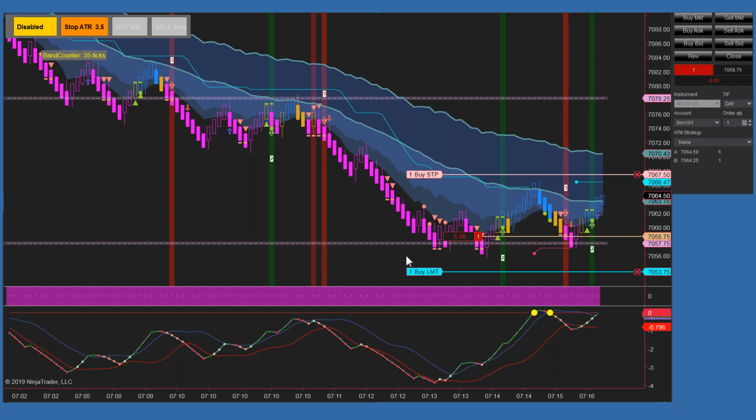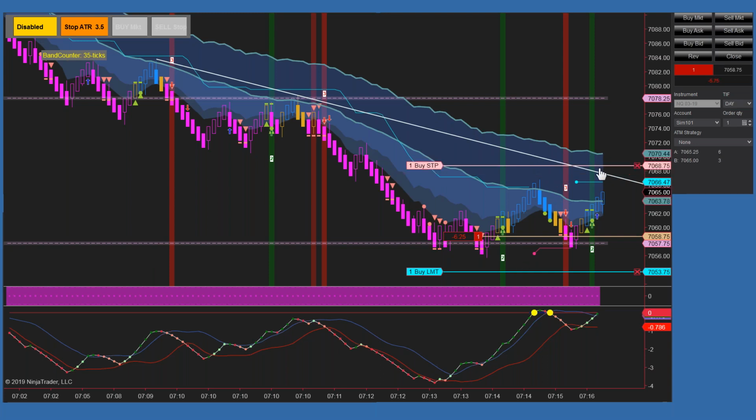Oh, I'm not liking the pushback off of the support zone. Sellers, where did you go? It's going to be a little cozy. I may have to give it a couple more ticks.